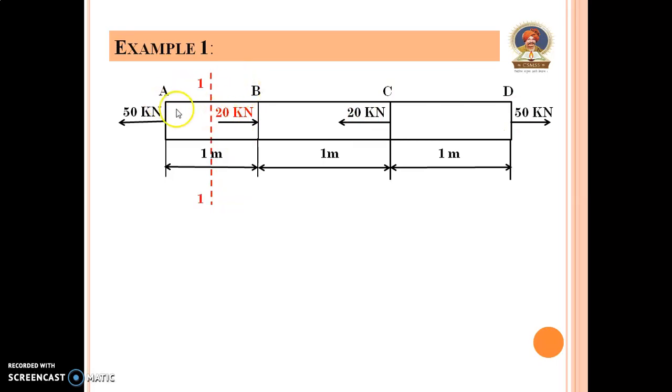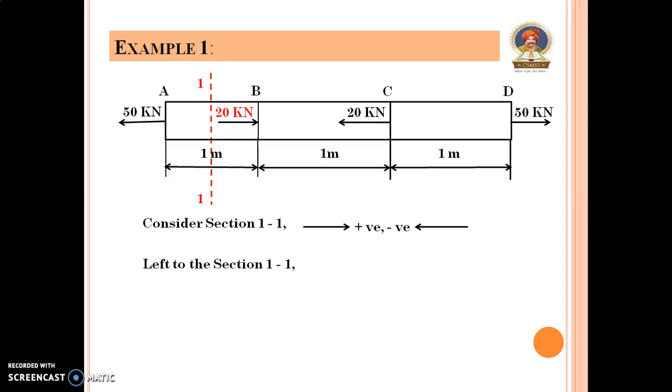So here there are two sides, left hand side of the section and right hand side of the section. So consider section 1. Here again the force moved towards right side is positive and the force moved towards left side is negative. So first consider left section.